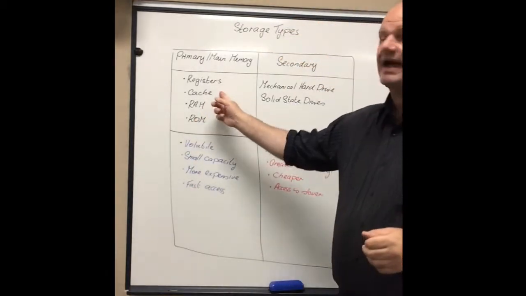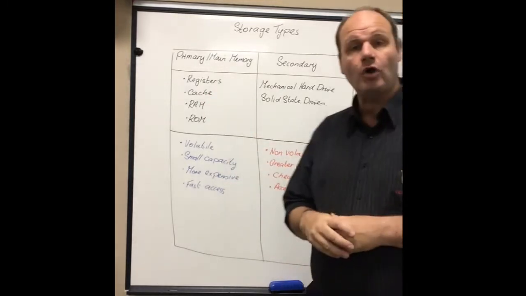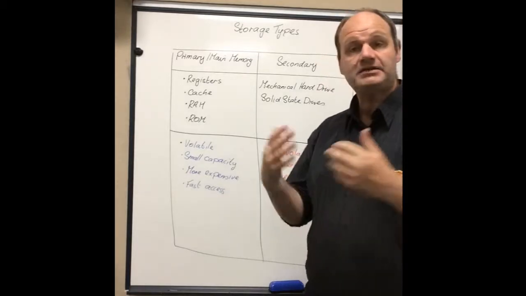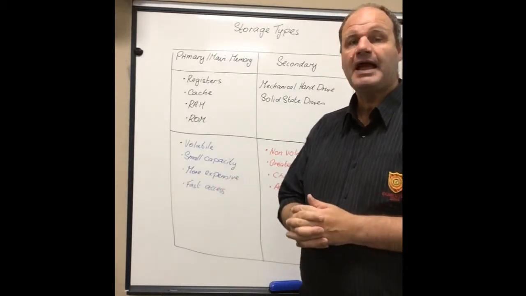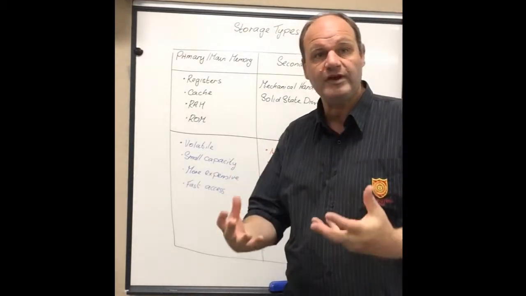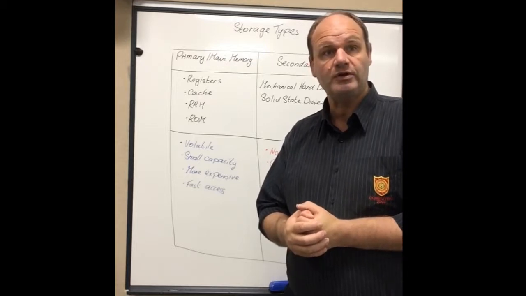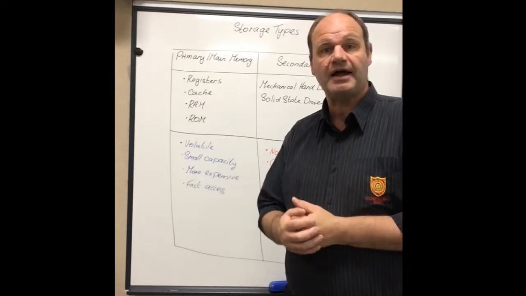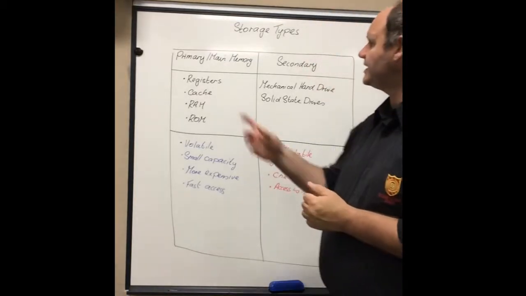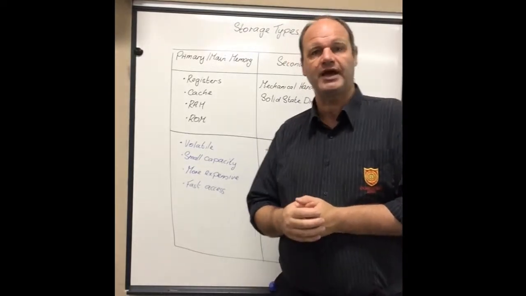The next one we have is cache. Cache is found on or near the CPU. It's high-speed memory, and it will hold the instructions which are used frequently, either used by the control unit or instructions that are likely to be used again. We have in cache what are called level 1 and level 2 cache.